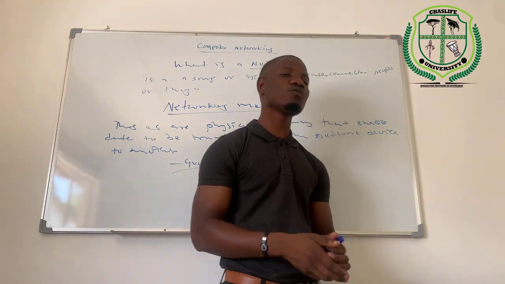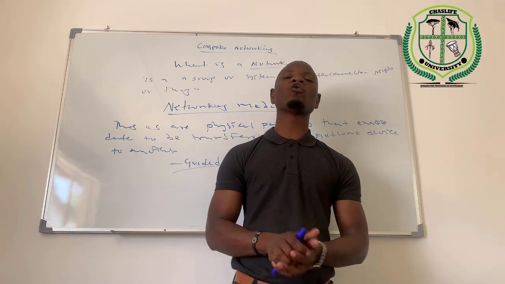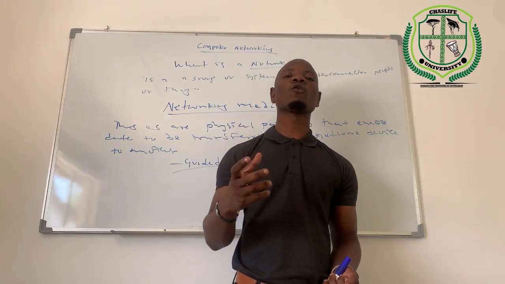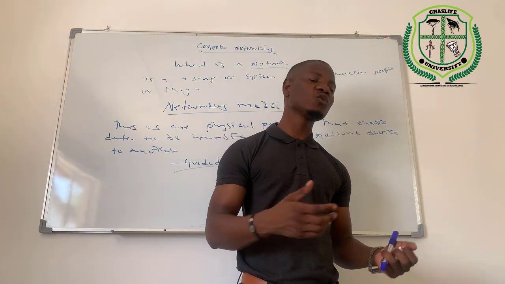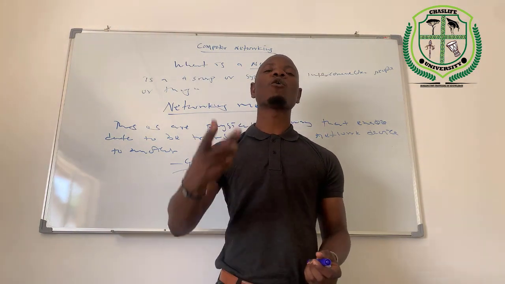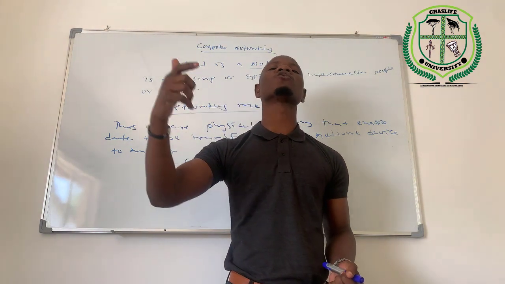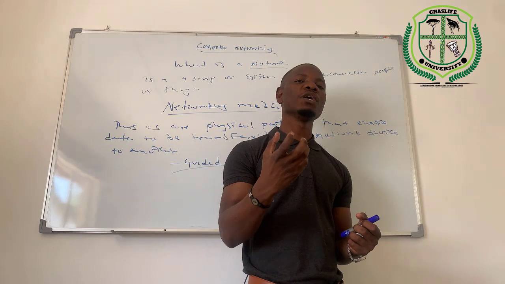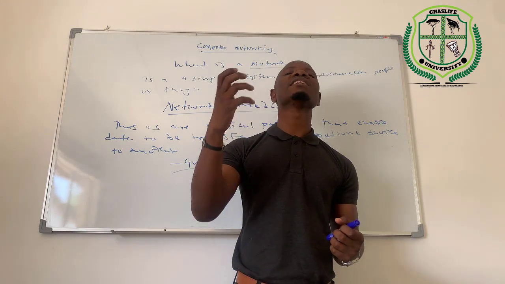These are cables that we can physically insert on a computer. The moment you insert those cables, which we call internet cables, on the computer, you will be able to connect to the internet.